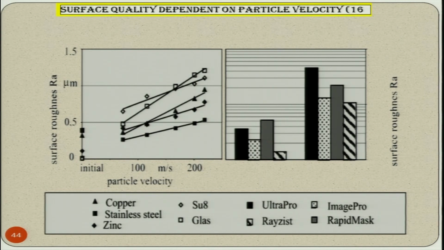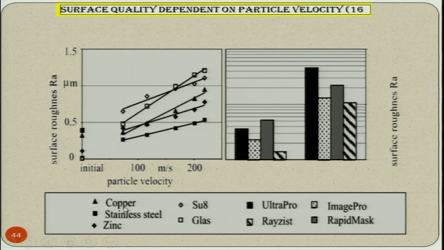So, it also tells us that for a good surface finish or lower surface roughness value, you should have lower velocity. However, the material removal rate or erosion rate will go down, so if your requirement is good surface finish, then you have to compromise with the material removal rate also.